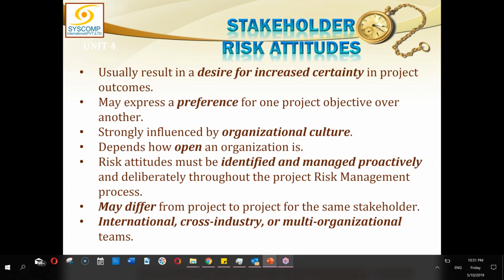In whatever matter they are more interested, they would like to know more about it. Maybe they are more interested in getting the project completed in time, so they would like to know everything about time. But at the same time, they may be very tolerant about cost. They are very flexible about cost. So they may express a preference for one project objective over another.